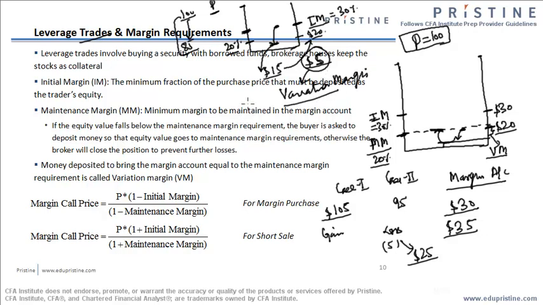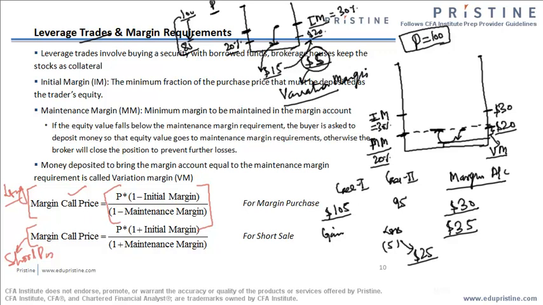Alright, now using this concept we can derive the margin call price for a long position, and similarly a margin call or trigger price for a short position. So you can directly use these two formulae to calculate the trigger price for your call.